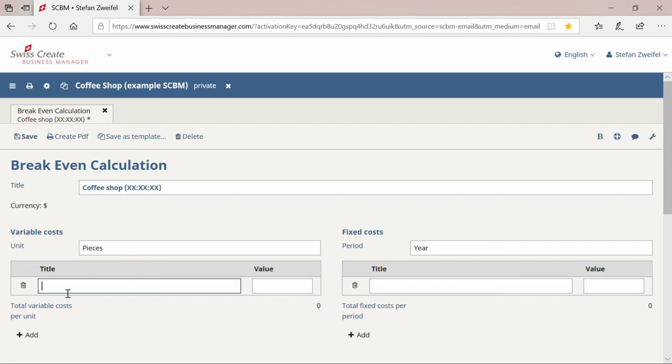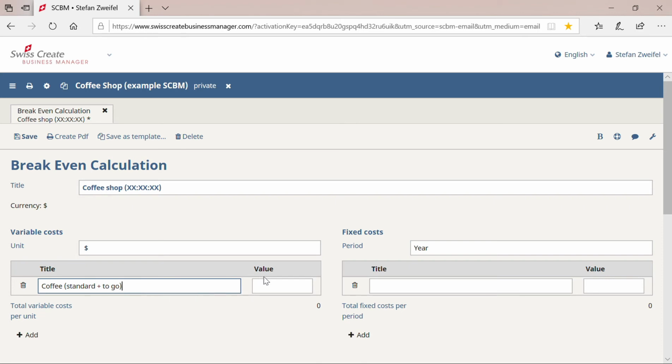Where do I find these numbers, the values? Yes, in the financial planning. These numbers I used in the planned profit and loss statement. So I will write coffee, standard and to go.